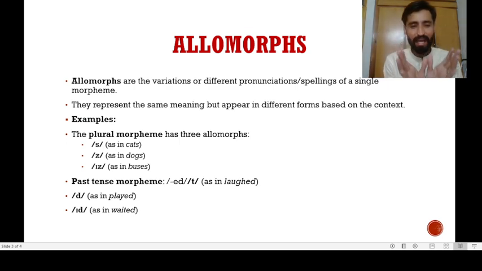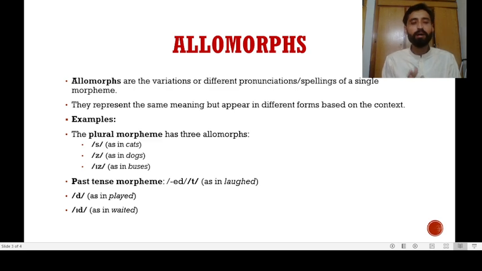अब यहाँ पर आप देखिए cats, so this s sound basically shows that the plural marker is the s sound. The next one is dogs, so z sound. Again, this is the plural marker but with the sound z, with the pronunciation z.